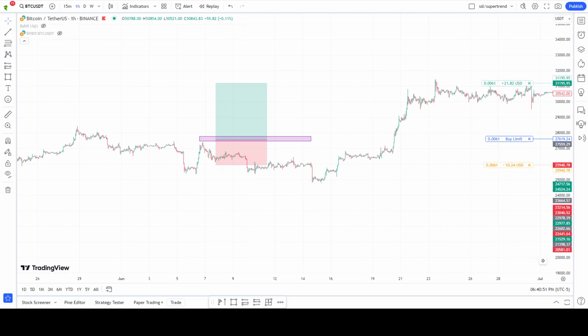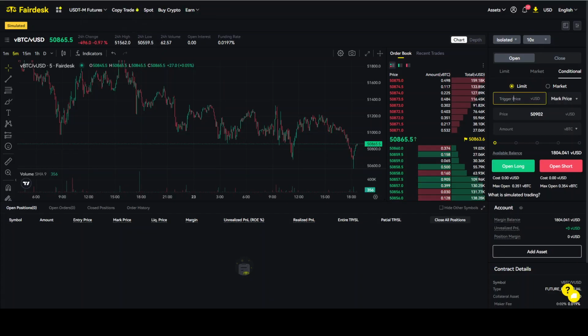TradingView doesn't have conditional orders, unfortunately, but most brokers do. Here's an example of the interface on Fairdesk. This is the sim trading section, but I do actually use this exchange regularly. And here's our trigger price. We can set the trigger price up here at 51399.0.